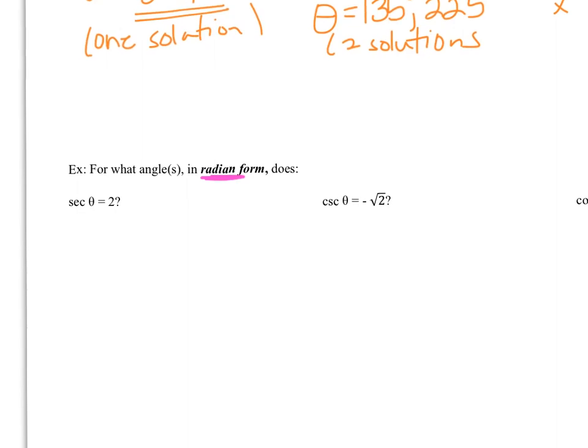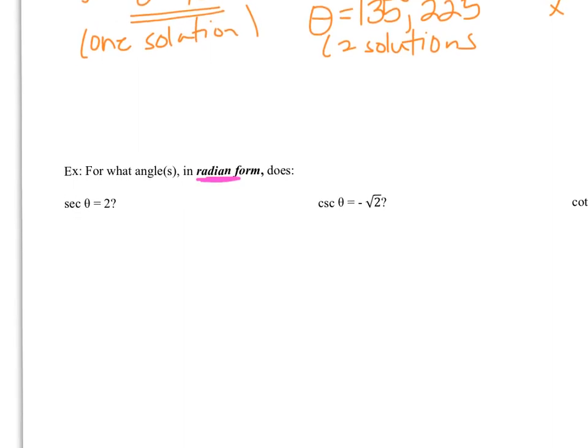Well, when secant is involved, that's the reciprocal of cosine, so we need to flip x. Which ultimately means if secant is 2, then x has to equal positive 1/2. So when is that true? When does x equal positive 1/2 on the unit circle?